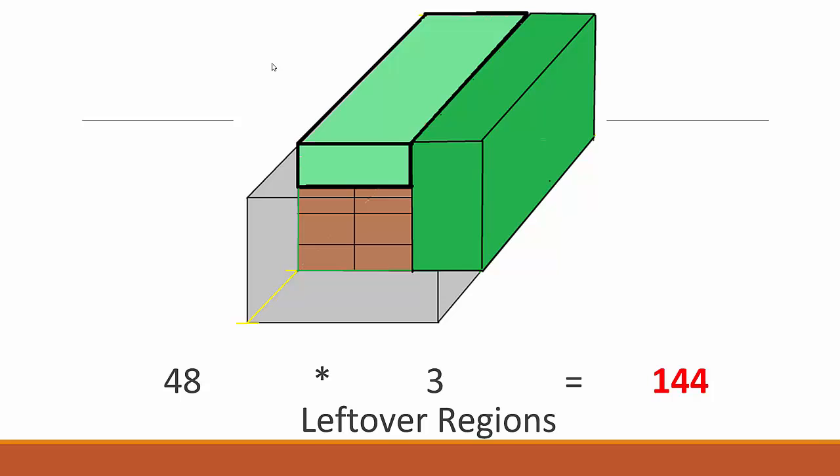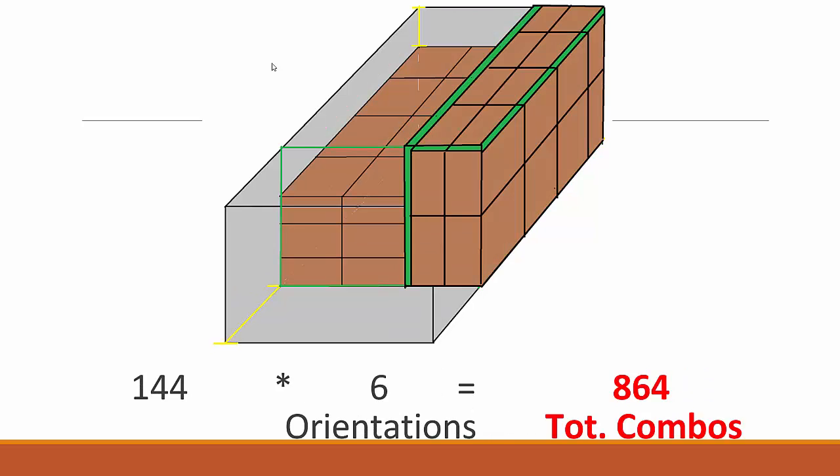That leaves 3 leftover regions, so 144. Treating each leftover region like the original one with another 6 orientations gives 864 different combinations. So it takes 1 initial orientation, the slicing, and then 3 more orientations.